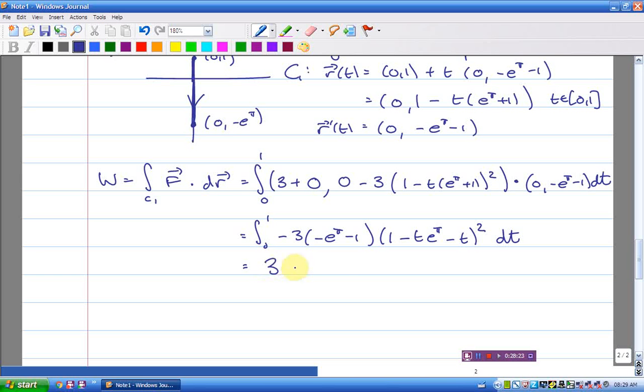Okay, I'll take the 3 out, and the 1's cancel, and now we want to square. When you square a trinomial, what do you get? You get 1 plus t squared e to the 2 pi plus t squared, and then you get minus 2 times that, minus 2 times that, and plus 2.